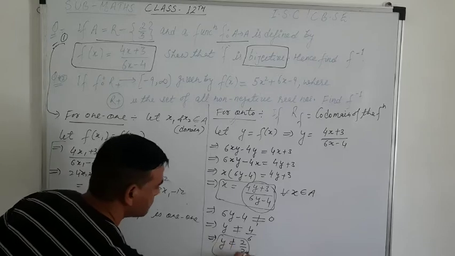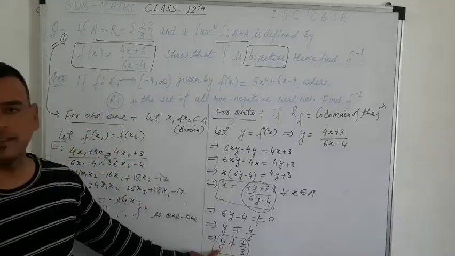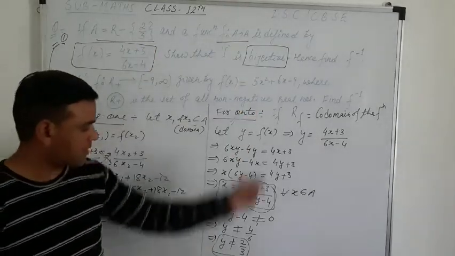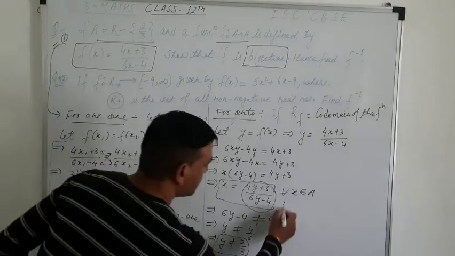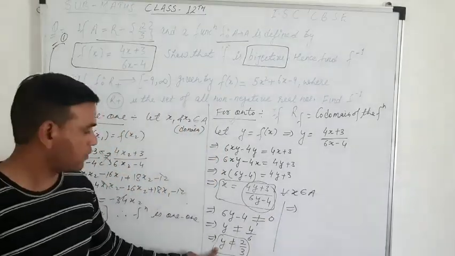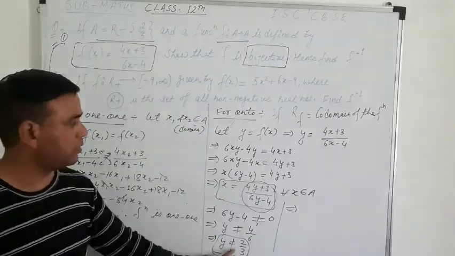It means y should not be equal to 2 upon 3, and y is nothing but the codomain of the given function. From this we get that the range of the function is y, and y is also a real number except 2 upon 3.